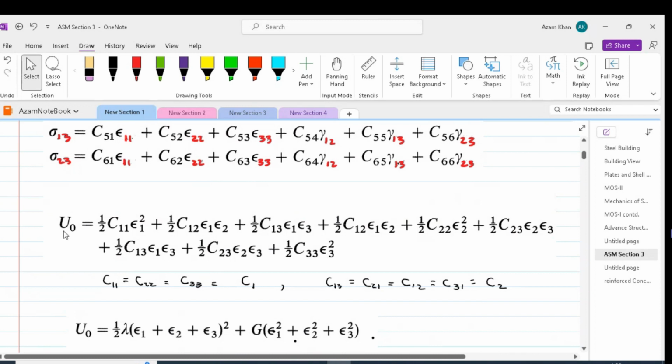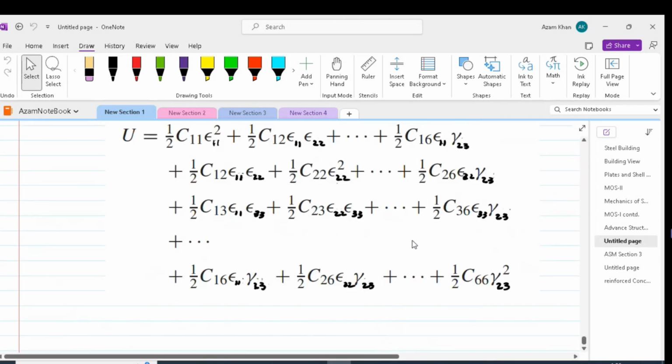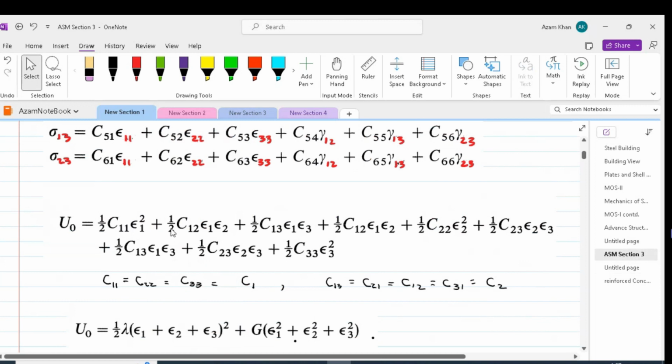Please note, this strain energy density equation is written for the principal directions, or in other words, for the strain's principal direction. That means the only strains remaining will be strain 1, strain 2, and strain 3. In the equation, we have only the principal strains appearing.